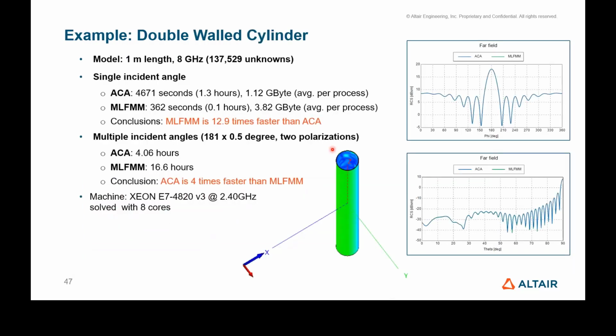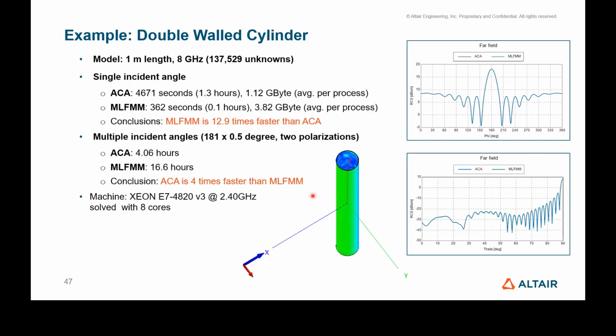One of the advantages of ACA is when you're doing multiple incident angles for RCS, like monostatic RCS. As we know, method of moments is very efficient when you have multiple incident angles, because once you LU factorize your impedance matrix, for every incident angle or change of source all you have to do is the back substitution, and it can be very fast.